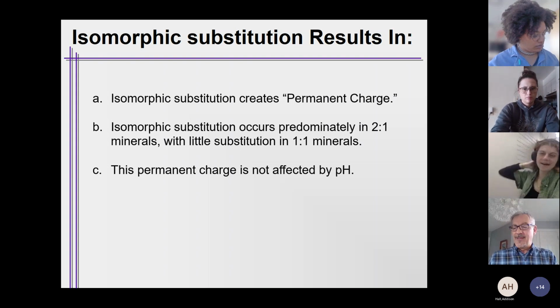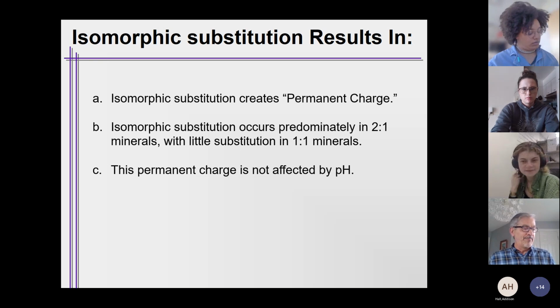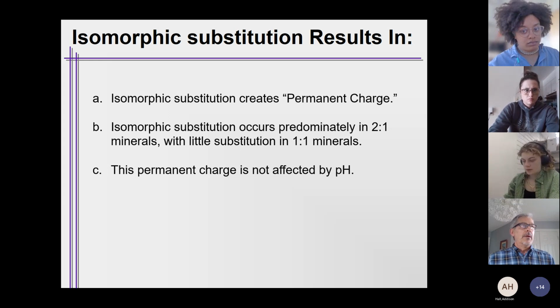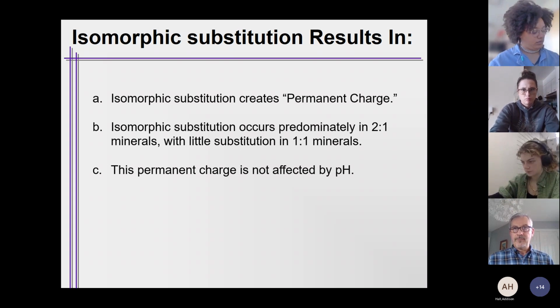So this is what happens, and I'll get to the point that Madison just brought up in letter C here. When this isomorphic substitution occurs, it creates permanent charge, or permanent negative charge. This isomorphic substitution predominantly occurs in 2-to-1 type clays, just because there's more places for isomorphic substitution to occur, and because the interlayer in clays can expand with water.